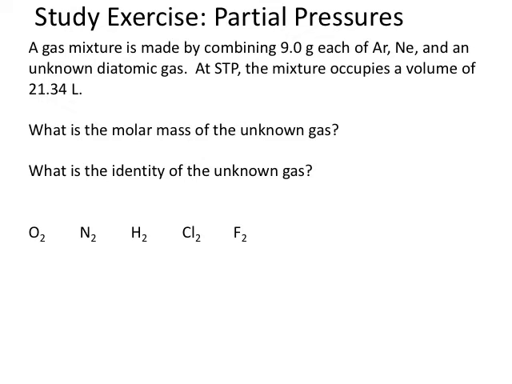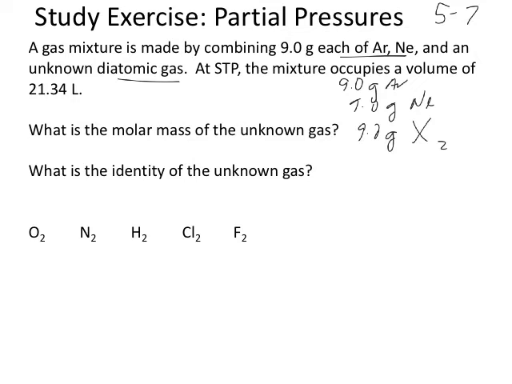This is problem 5-7. A gas mixture is made up of combining 9.0 grams of each of argon, neon, and an unknown diatomic gas. So realize that you've got 9.0 grams of argon, 9.0 grams of neon, and 9.0 grams of an unknown diatomic gas. So we'll just put that as X2.